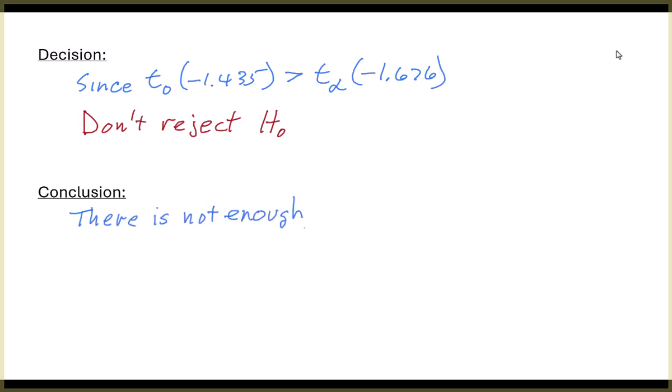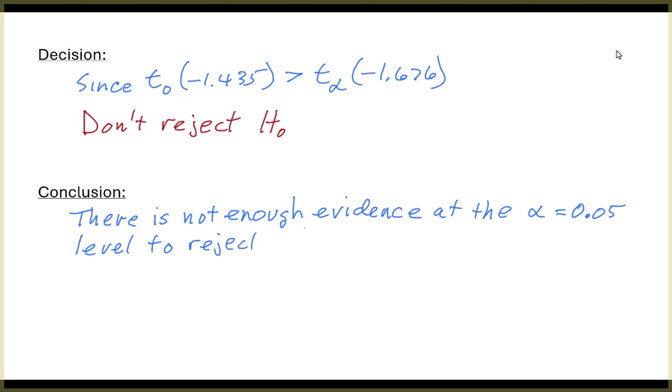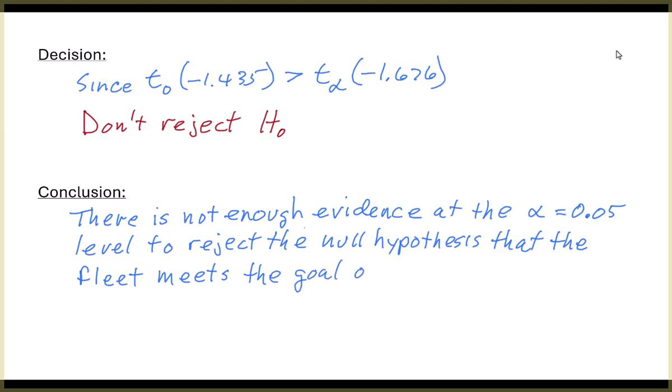Say something about alpha, say whether you're going to reject the null or not, and then give somebody some information about what the null was talking about. Long sentence. As long as you get your information in there, it doesn't have to be like mine. But that's not a bad one.